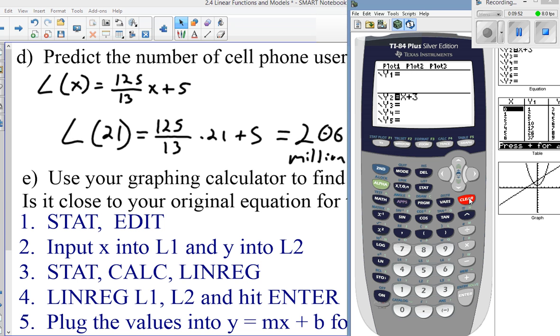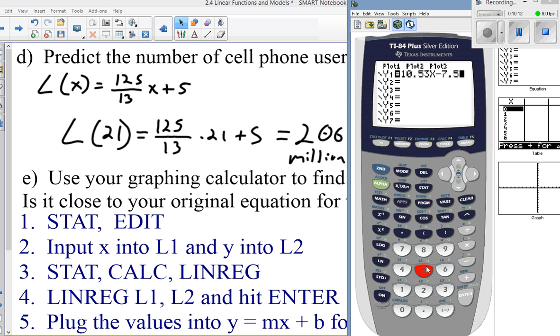So I'm going to clear this out, and in my y equals I have 10.53x minus 7.5. Next I want to turn on my stat plots.